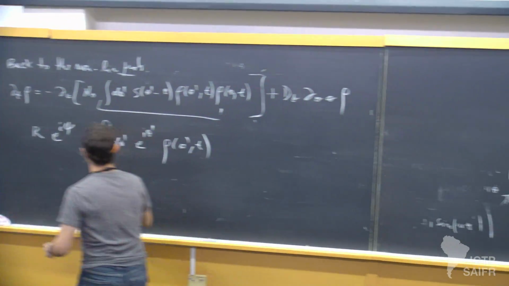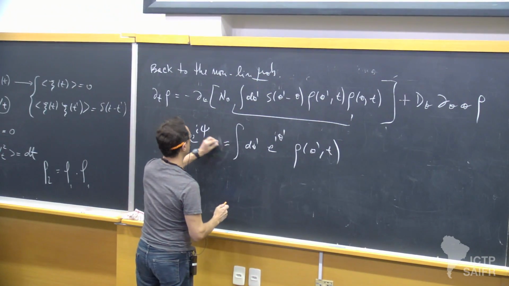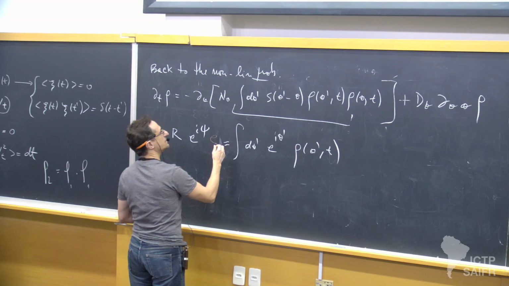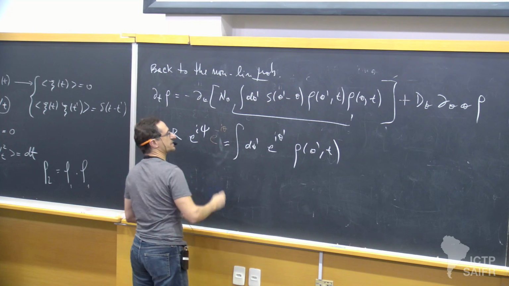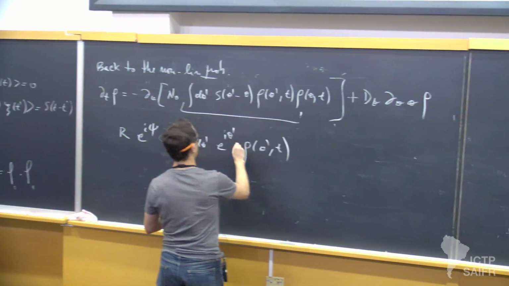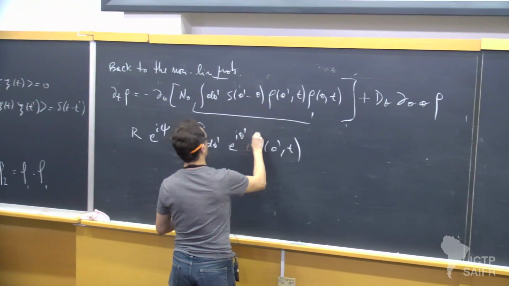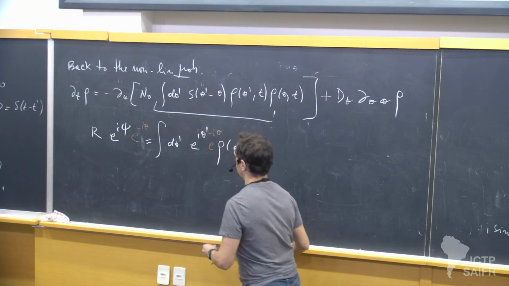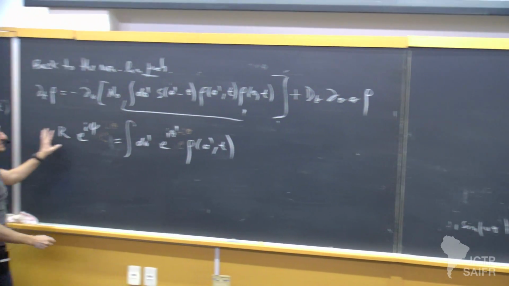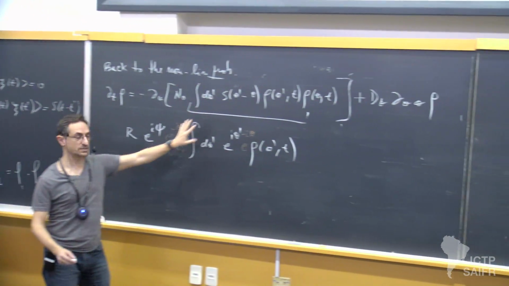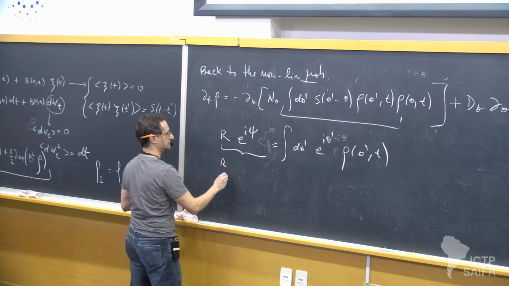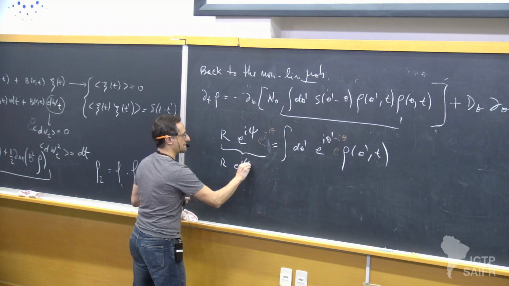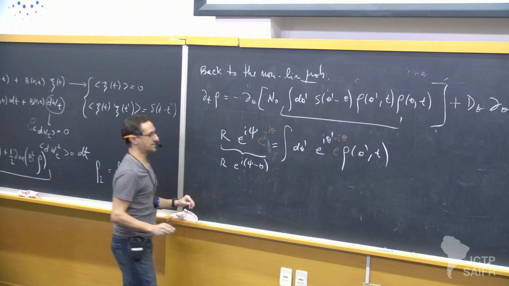Now I'm going to do a little thing in here, which is the following. If I do minus a theta, and I multiply both sides by the same, hope you manage to see, that means this part in here, you see what is happening, right? So this guy is R, this.